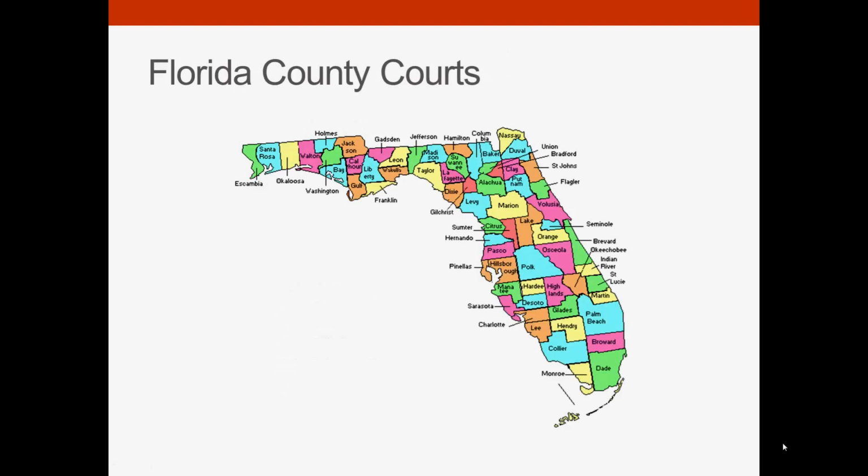Florida County Courts. This is a jurisdictional map of the Florida County Courts, which is basically a map of all of the Florida counties. The Constitution establishes a county court in each of Florida's 67 counties. The trial jurisdiction of county courts is established by statute.